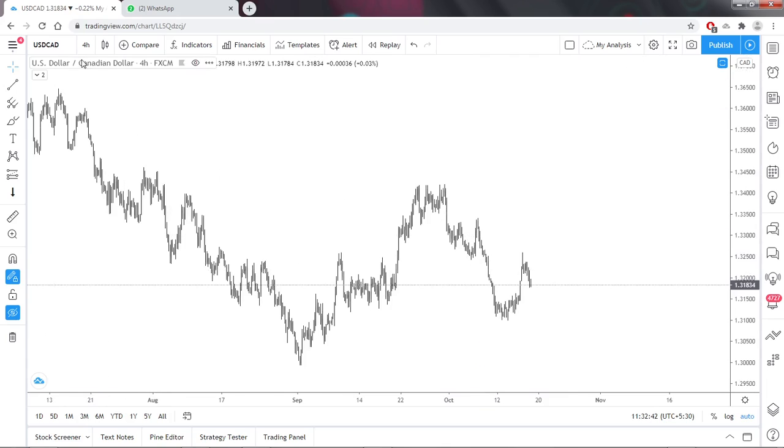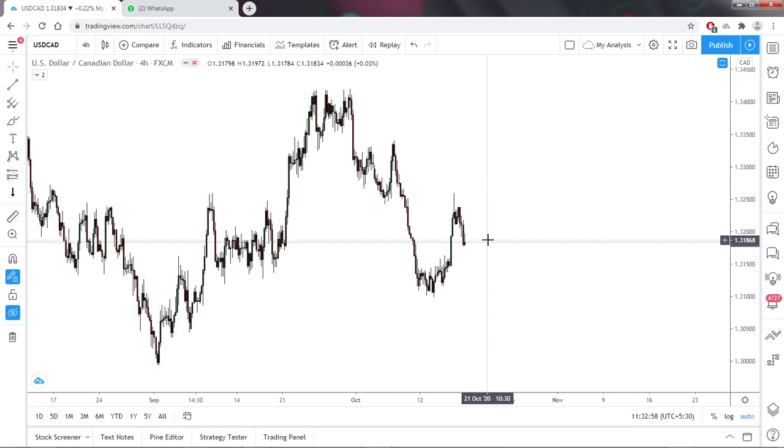Now this week I'm looking only for a little bit of three-wave structure, and up to this week I think it will reach the 1.35 zone, or it may go higher also. So now I'm looking at the three-wave structure here.